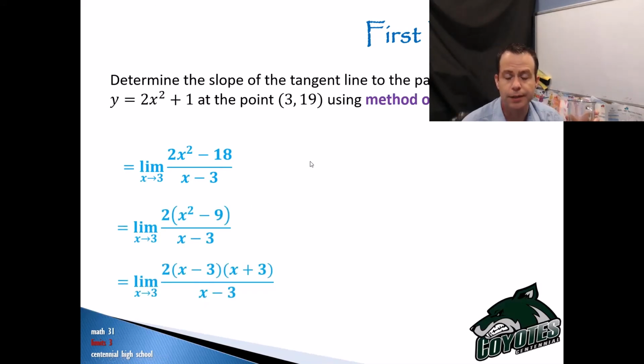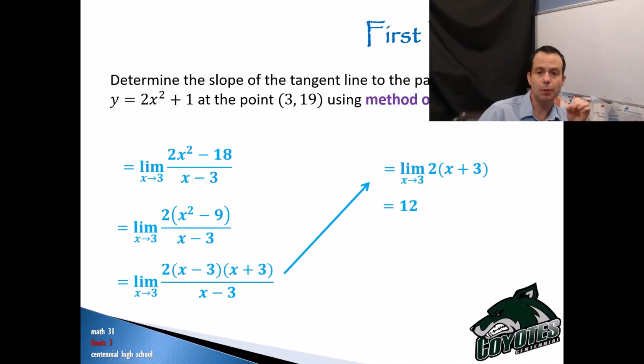So now I can look at the limit as x approaches 3 of 2 times x plus 3. Now I can substitute in, put the 3 in. 3 plus 3 is 6, times 2 is 12. The limit is 12, which means the slope of the tangent line at the point (3, 19) will be 12.